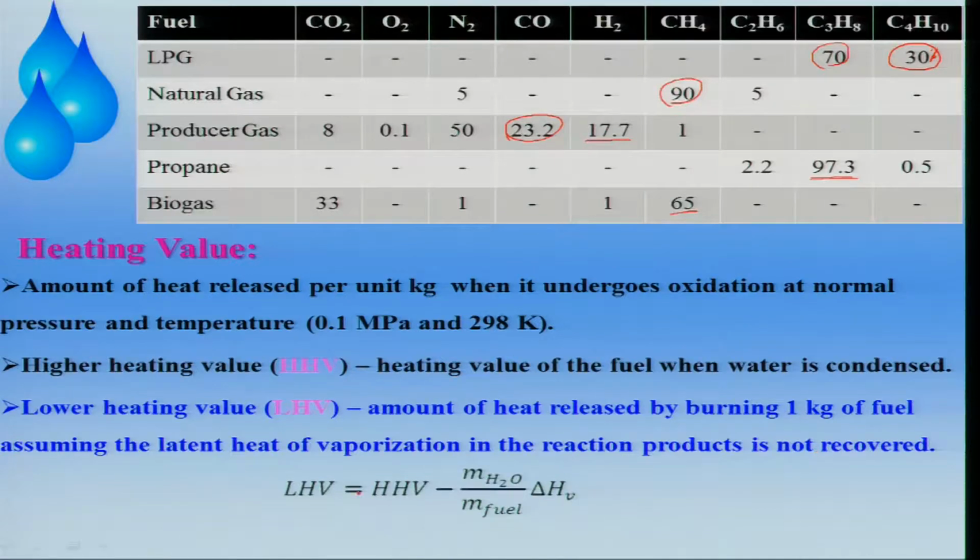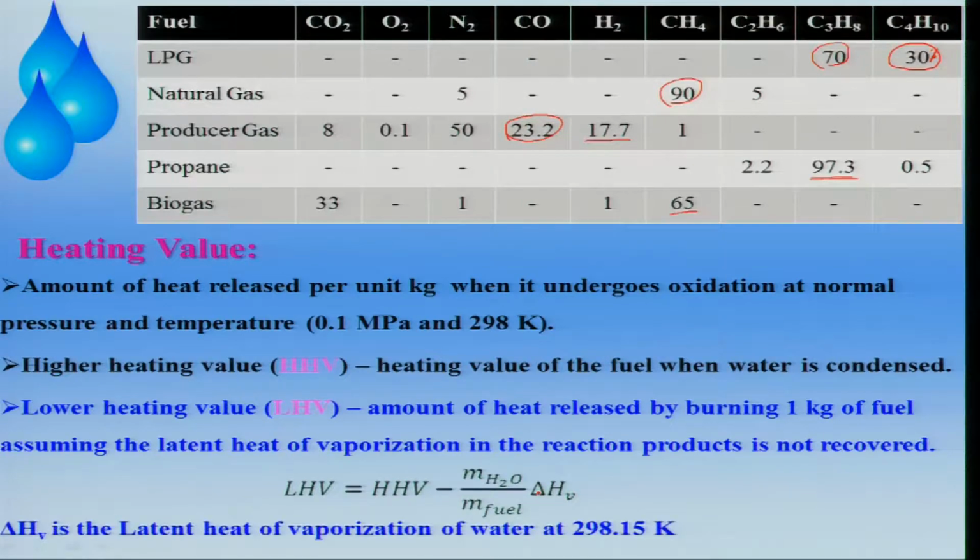Lower heating value is basically the higher heating value minus m times delta Hv, where m is the amount of water formed per kg of fuel, and delta Hv is the heat of vaporization of water, which is generally taken at 298.15 Kelvin. We will discuss a little bit as we go along how we will evaluate these and other things about the calorific value of a fuel.